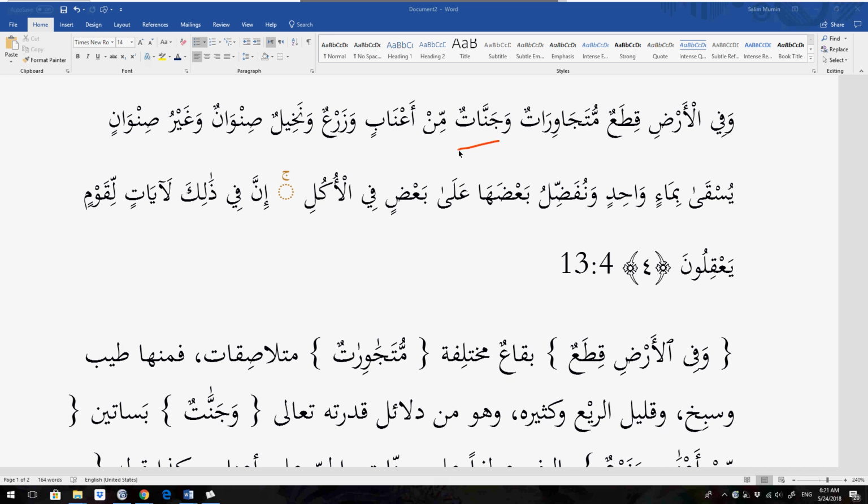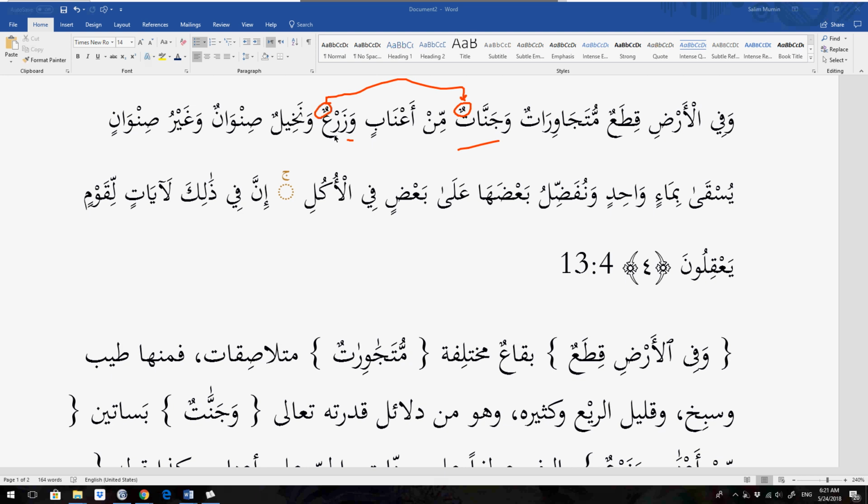So, Jannatun is in Tanween Dhamma, min a'nabin wa zara'un. So Zara'un is a follower of Jannatun in sequence. And we're using wa, and wa doesn't let us know which comes first.